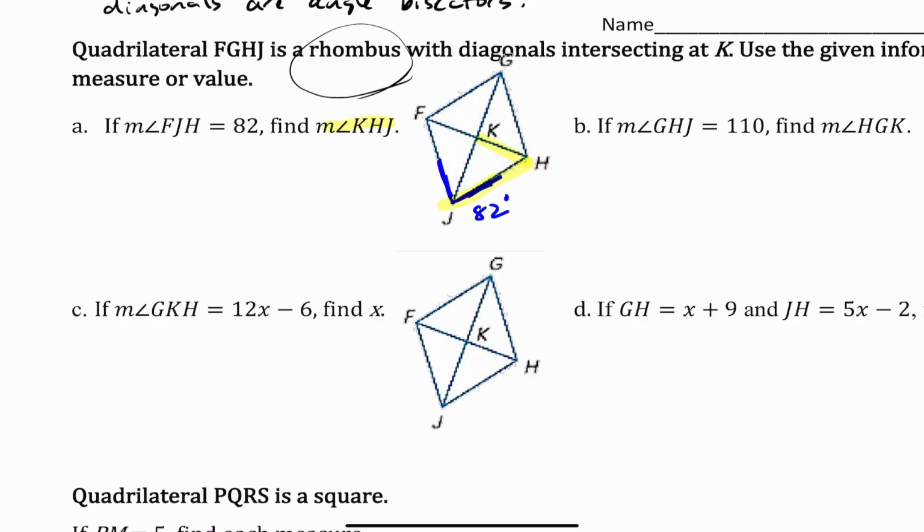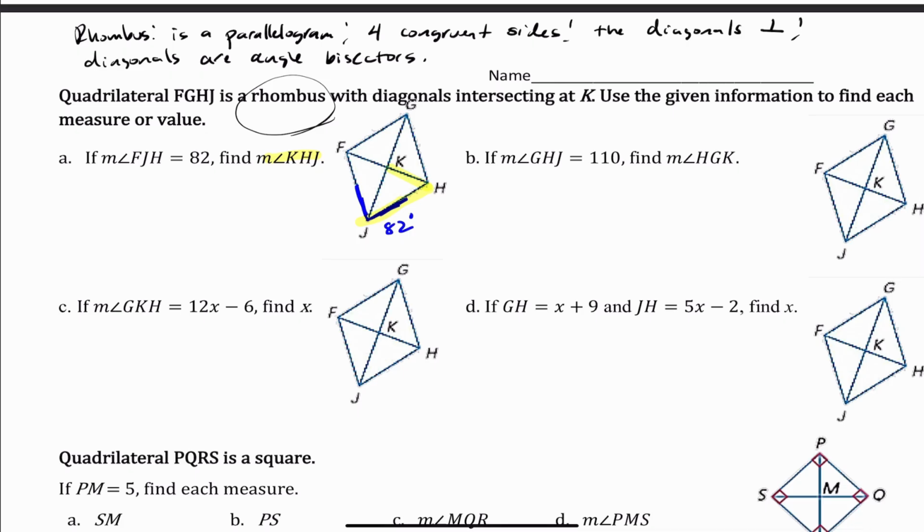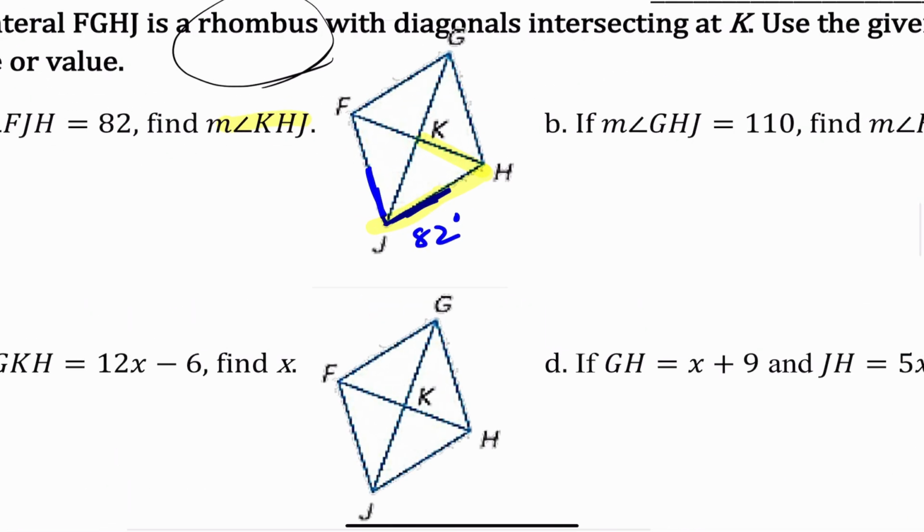All right, well, we know we have diagonals, right? The diagonals are perpendicular to each other. So that's something important to know. So there's a 90-degree angle here, here, here, and there. And we know that the diagonals are angle bisectors.